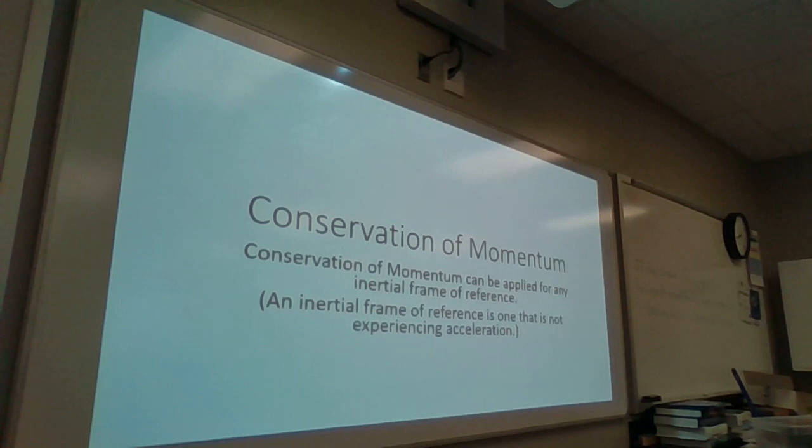Now, when we do conservation of momentum, this has to be done with all our velocities from the same inertial frame of reference, meaning inertial means it's moving at a constant velocity or it's at rest. But it has to be a consistent frame of reference.